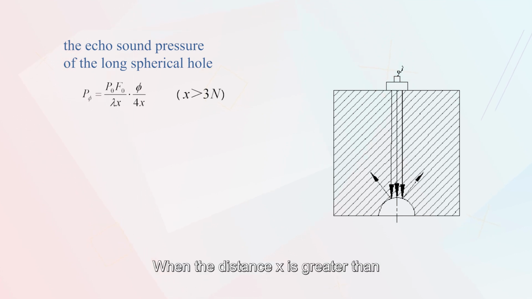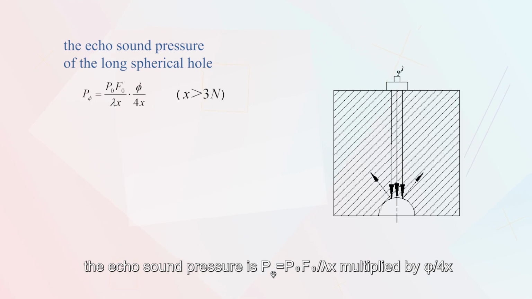When the distance x is greater than 3 times the length of the near-field area, the echo sound pressure is P_phi = P0 F0 / (lambda x) multiplied by phi / 4x.